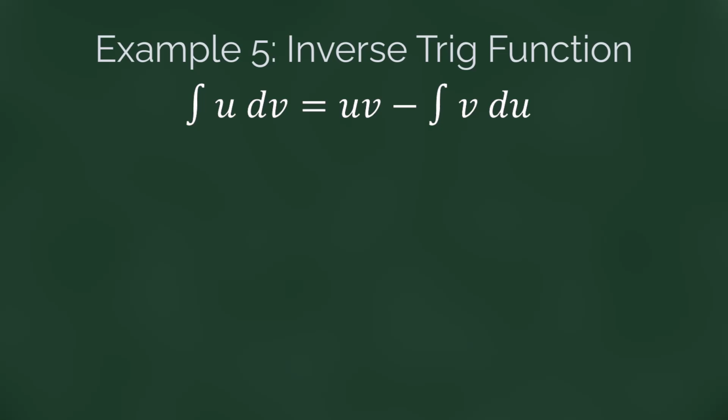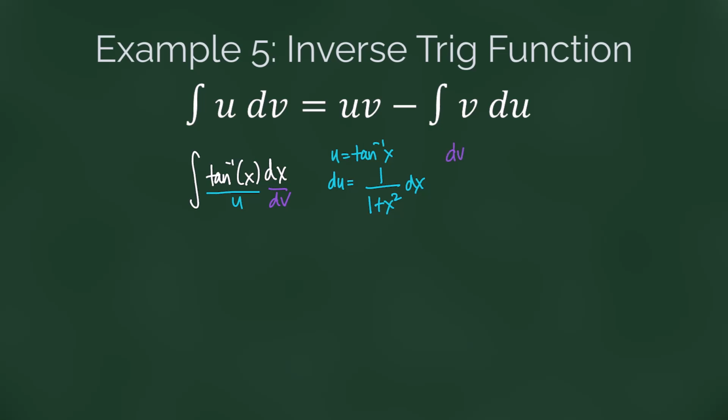We'll do something similar now to find the antiderivative of an inverse trig function. We're going to investigate the antiderivative of inverse tangent of x dx. We'll let u be inverse tangent of x, something whose derivative we know. We remember that the derivative of inverse tangent is going to be 1 over 1 plus x squared dx.